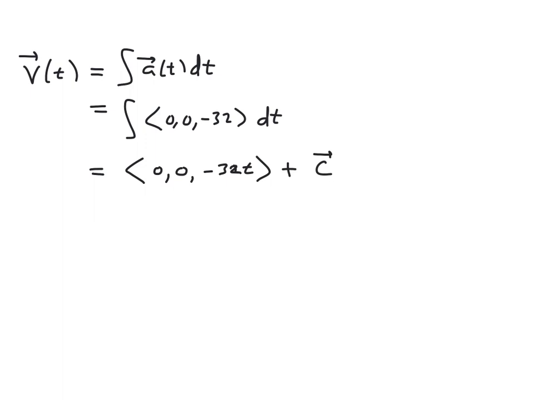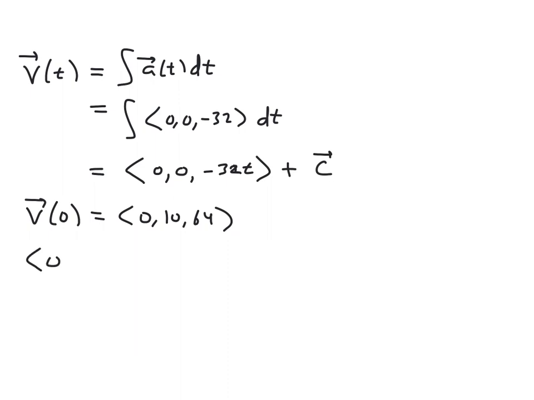And so in order to do this, we're going to use the fact that v of 0 is equal to what we were told, which was 0, 10, 64. v of 0 in this case is what we get by evaluating this vector at 0.